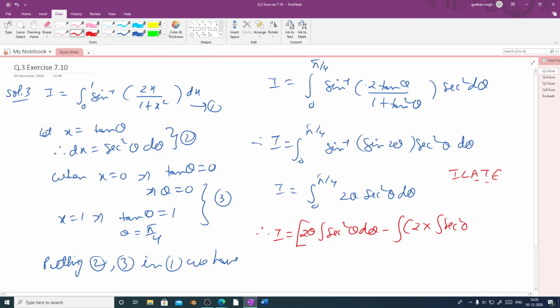So sec square theta d theta and outside d theta, and this will close, and the limits will be from 0 to pi by 4.